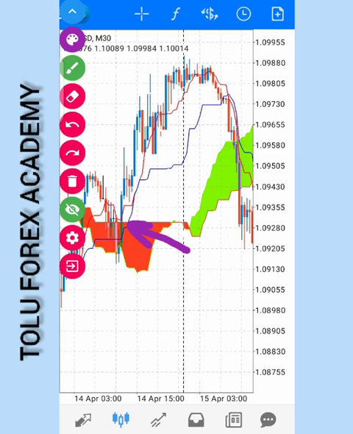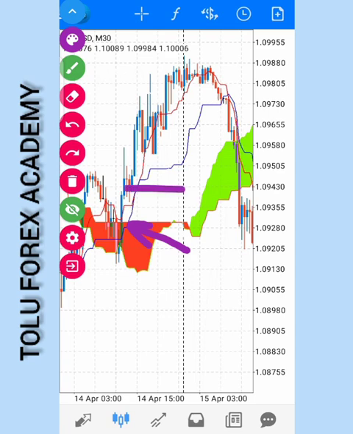So the next thing to do is to see when the conversion line crosses the baseline upward. The conversion line comes upward and then the baseline remains down. So in this setup here, this is where the crossover is.